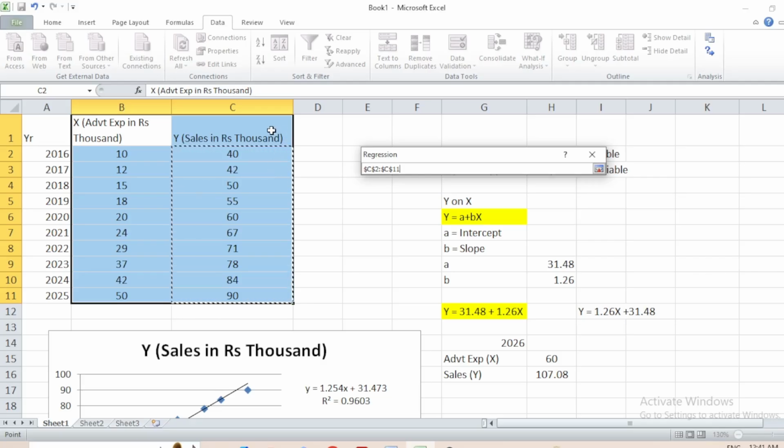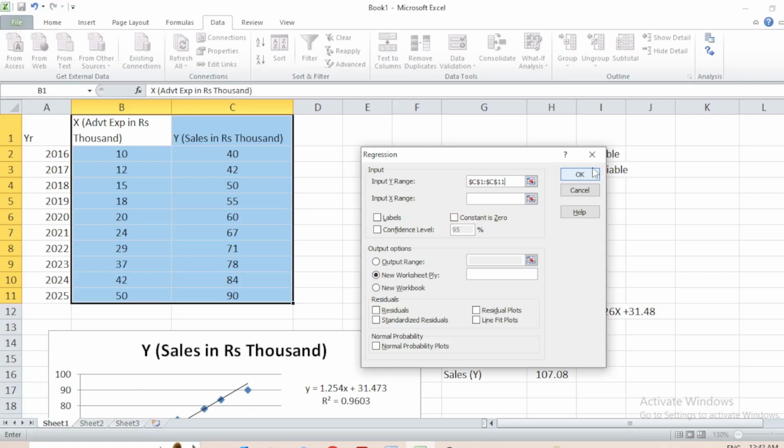But if you want the heading also, so you just have to put the C1 to C11 cell. Then just click on the OK.